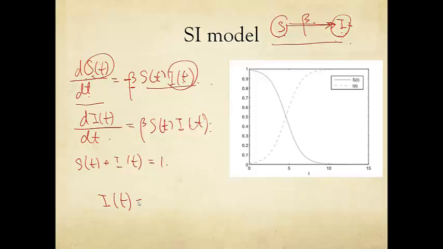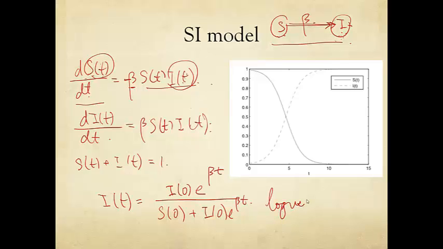The infected population I(t) follows the following shape, with initialization I(0) and exponential growth e to the beta t, divided by one minus the initial condition plus the initial condition times e to the beta t. And this is what people call a sigmoidal function, in particular represented as a logistic growth. It actually comes out of very standard modeling of these kinds of dynamic systems.